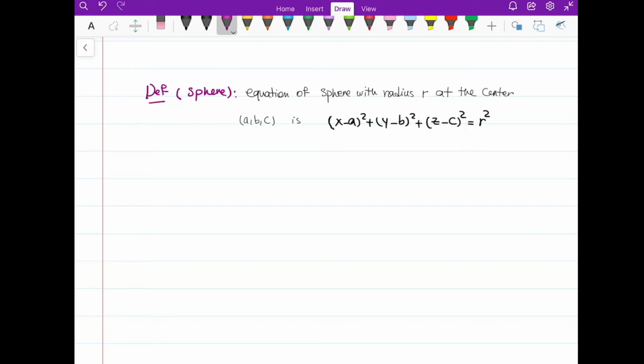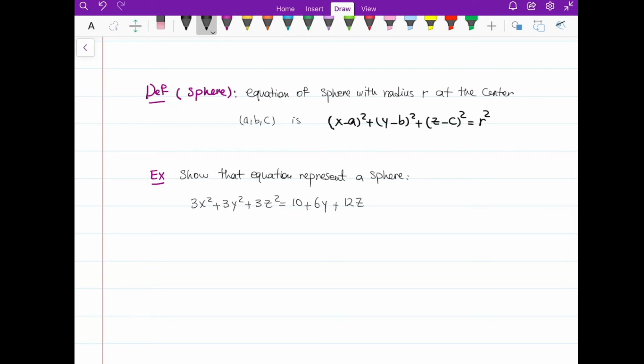Let me give you one example. Show that the given equation represents a sphere. The equation is this: 3x squared plus 3y squared plus 3z squared equals 10 plus 6y plus 12z.